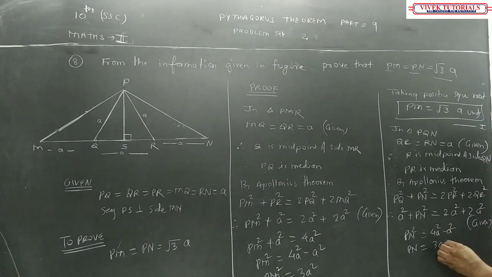PN square is equal to 3a square. We are going to write, taking the positive square root, so I get PN is equal to root 3 a, and this will be equation 2.